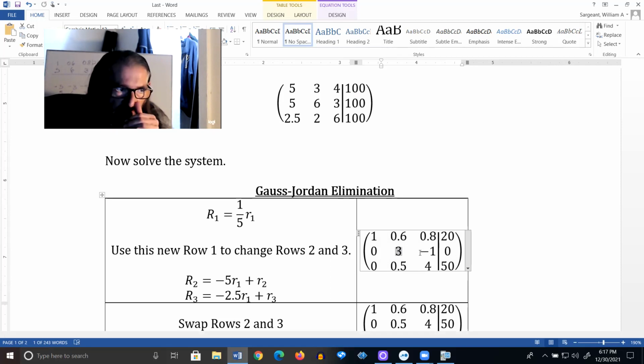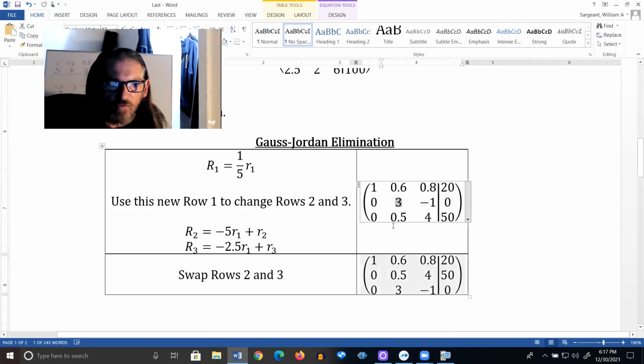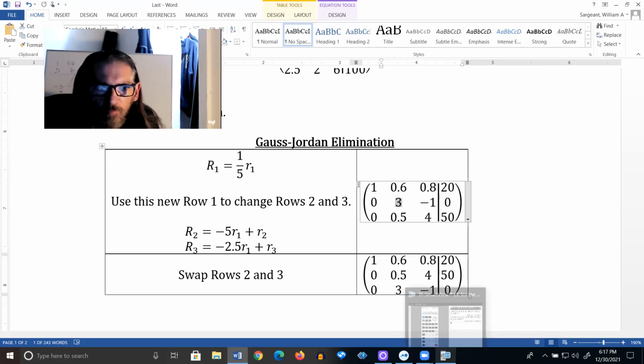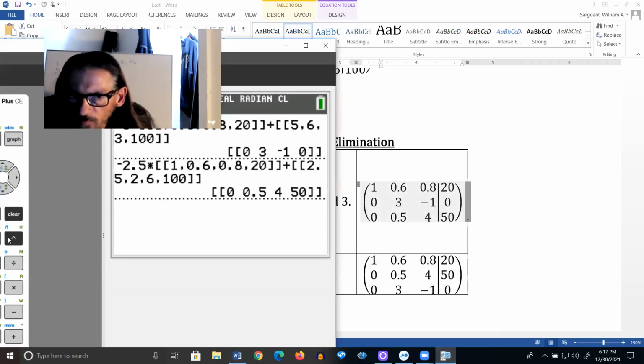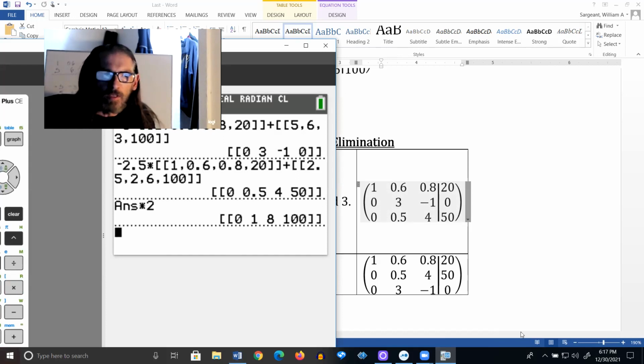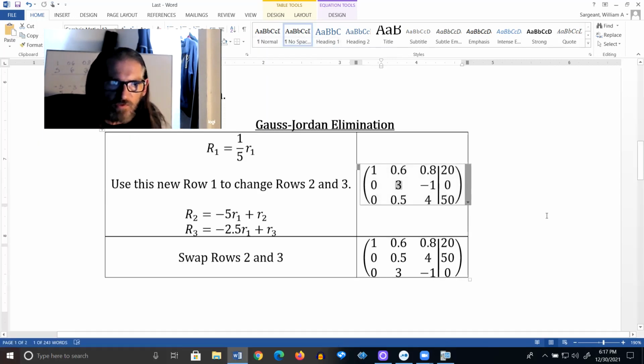So instead, I'm going to do a row interchange of row 2 and row 3, because all I have to do then is multiply everything in the new row 2 by 2. So I'm going to take that answer and multiply it by 2. That's going to give me my new row 2.